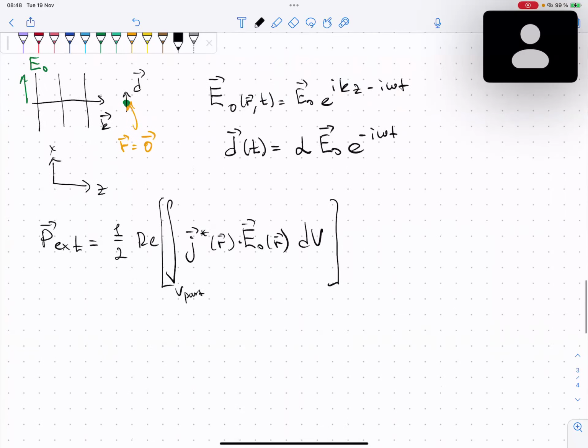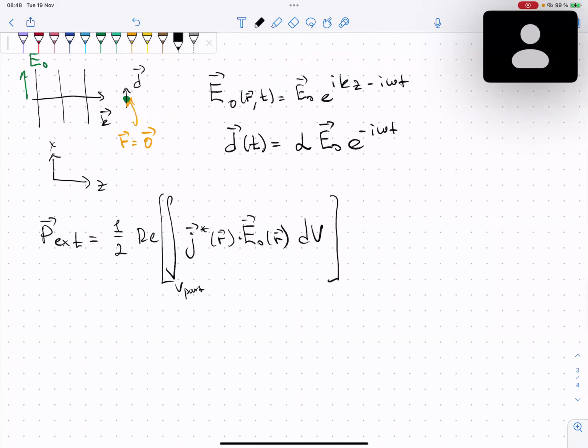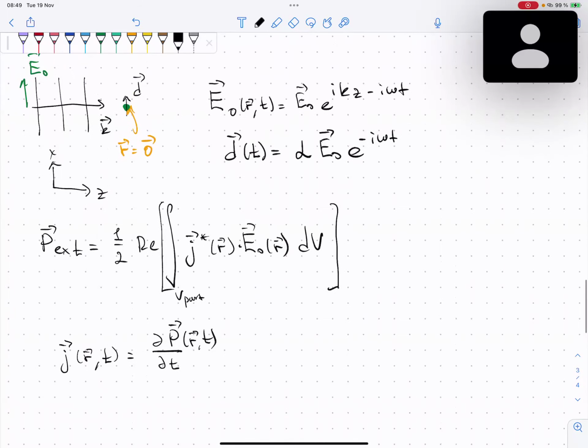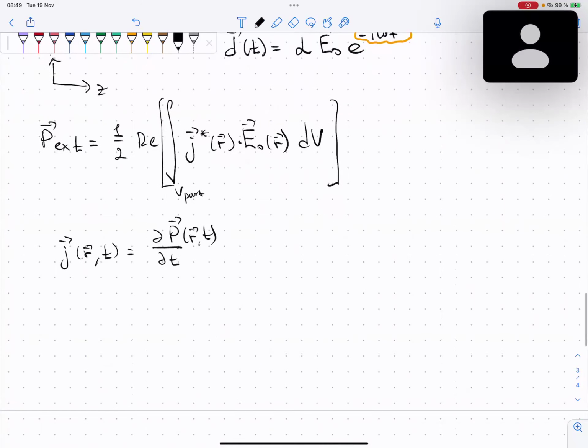And for a point particle, we know that the current of r and t is the time derivative of the polarization, but in our case, because everything is time harmonic, this will basically be just minus i omega P of r and t.